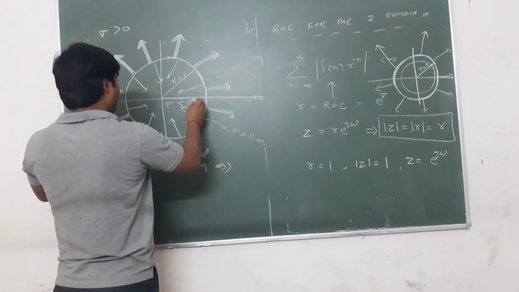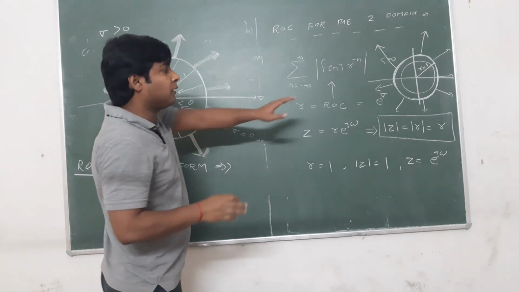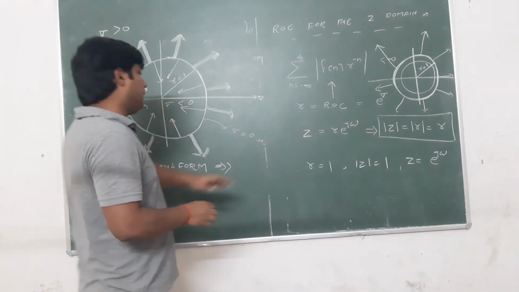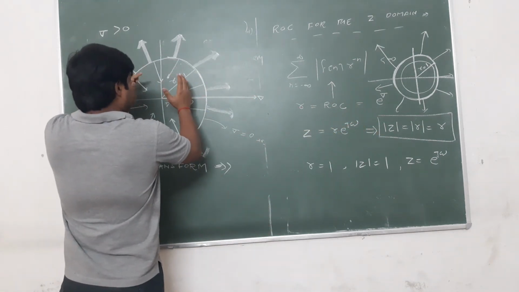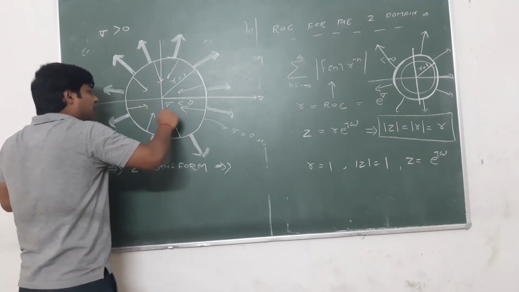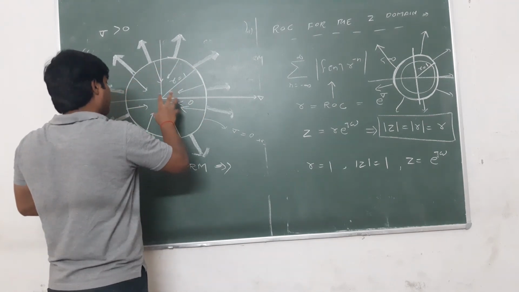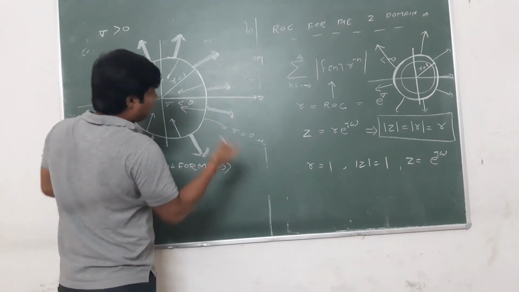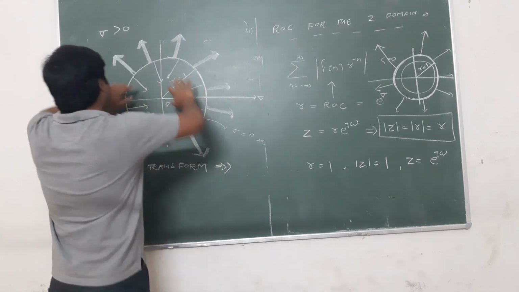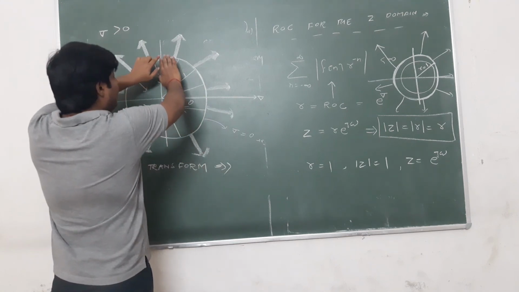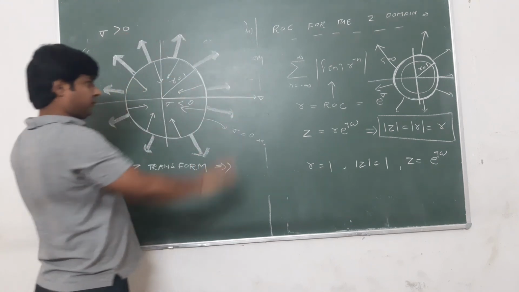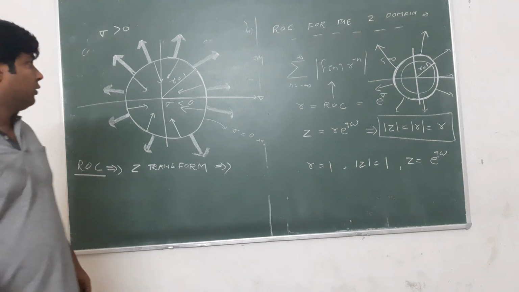If we take the value of sigma less than 0, then the ROC comes under this area, means this radius is always going to be less than 1, and if sigma is greater than 0, then the ROC will be a circle whose radius is going to be greater than 1. Okay. So this is the ROC.